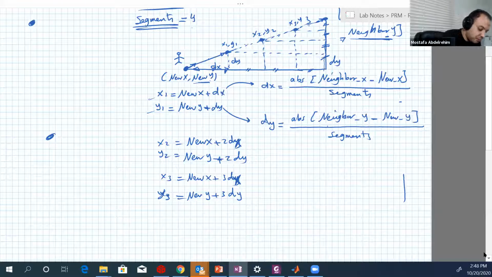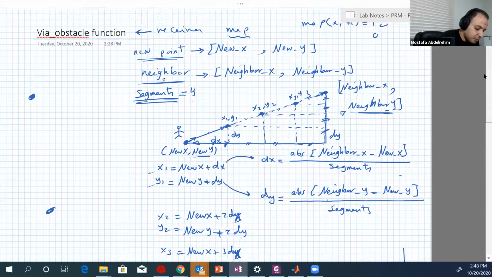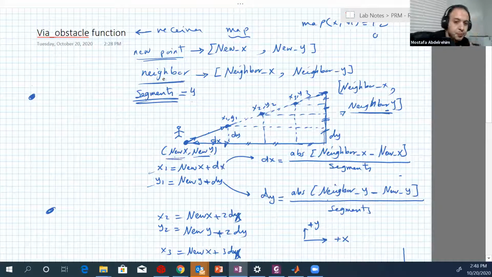So in here, if we assume that this direction is the positive x direction, and this direction is the positive y direction, what will happen to x1? Is x1 higher or lower than new x?